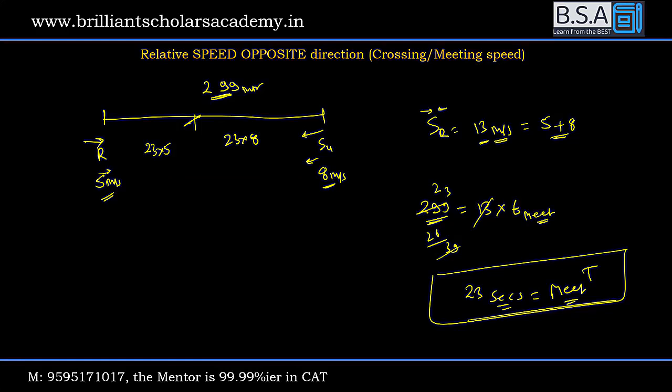Opposite direction, speeds are added. You can call this crossing speed.